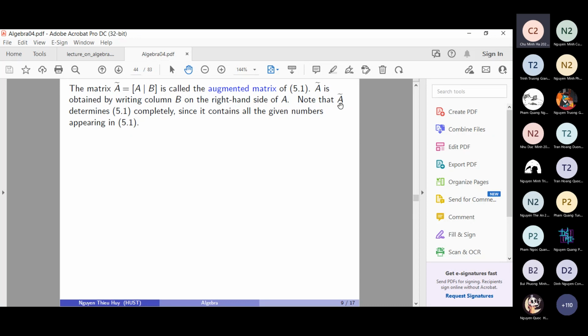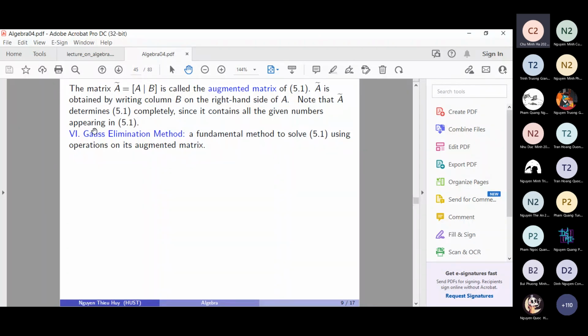And now we will give you a fundamental method for solving 5.1. The method, as the name says, is the Gauss elimination method. This is a German name, and German mathematicians are very famous.